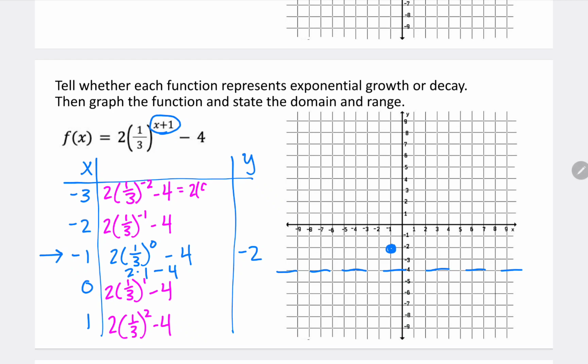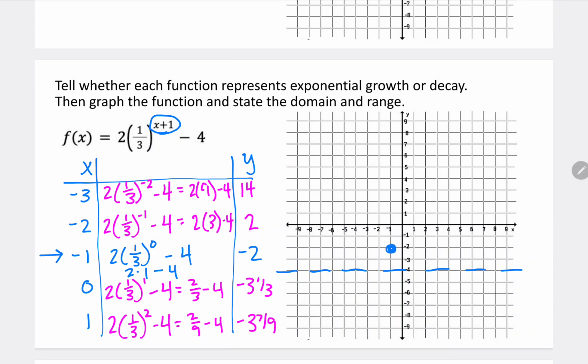So 2 times 9 minus 4 is 14. 2 times 3 minus 4 is 2. Down here, 2 times 1/3 is 2/3 minus 4 is -3 1/3. And down here, 2 times 1/9 is 2/9 minus 4 is -3 7/9.